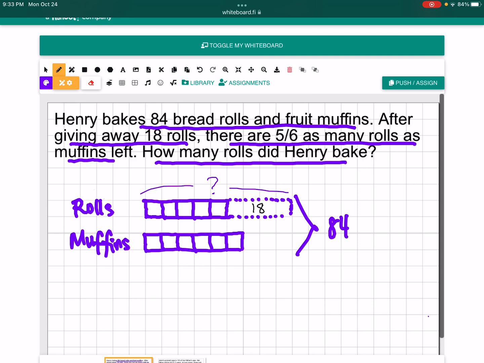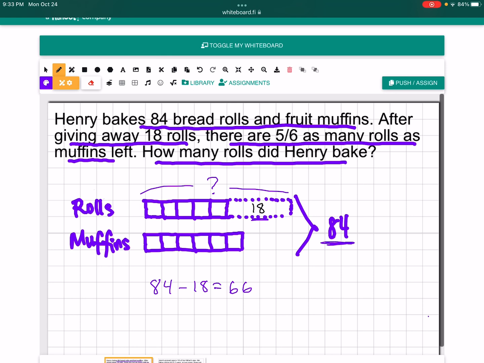Well, if you said that we can take the total that he started with of these rolls and muffins and subtract how many he gave away, that would be a good start. So let's do that. 84 minus 18 leaves us with 66.